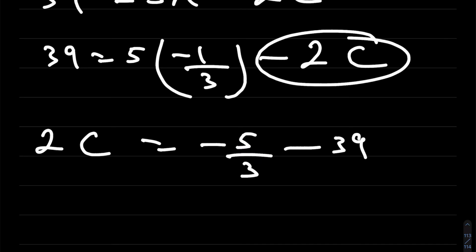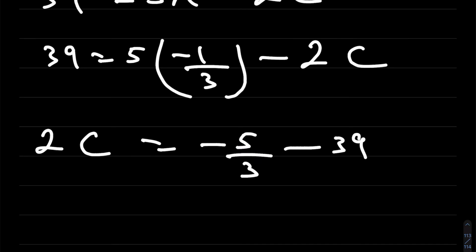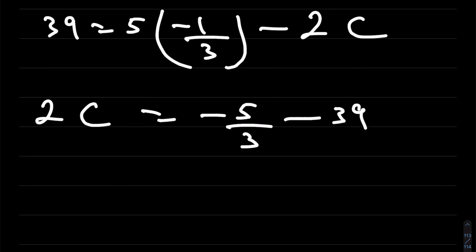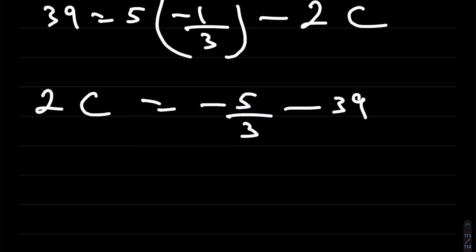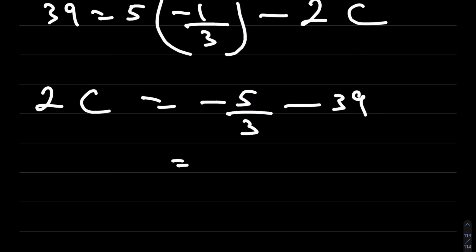I brought minus 2c to the left hand side and took 39 to the right hand side. Minus 5 over 3 minus 39 is equal to minus 122 over 3.